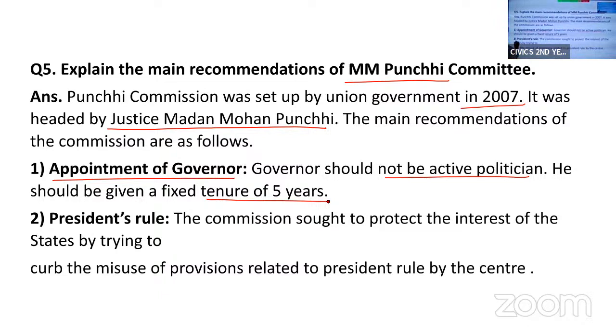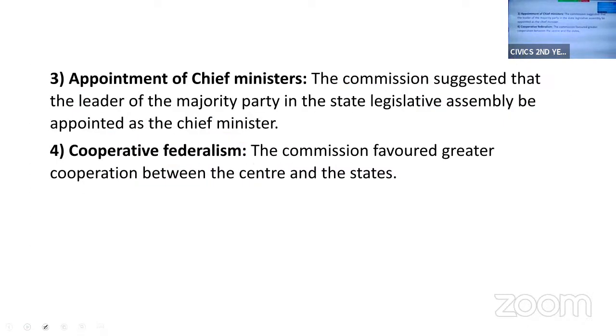Then the commission also said that president's rule should be imposed to curb the misuse of provisions related to the president's rule by the center. Every now and then we cannot impose president's rule. Okay, so the commission recommended that it should be imposed only in the interest of the states.